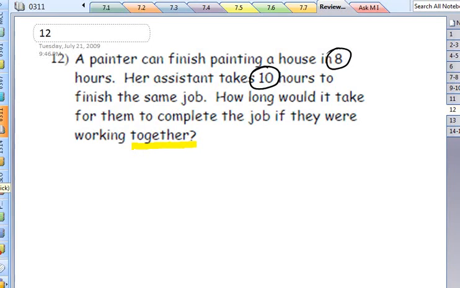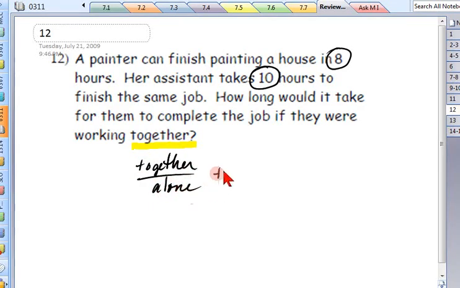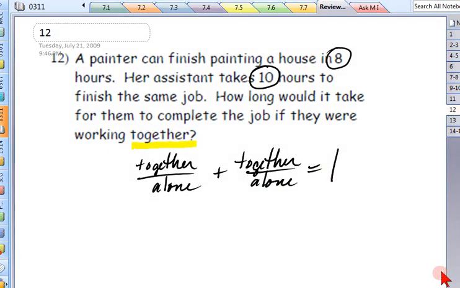So something that you might want to have on your extra review is that it is together over alone plus together over alone equals 1. And if, of course, there are 3 painters, there would be a third fraction.